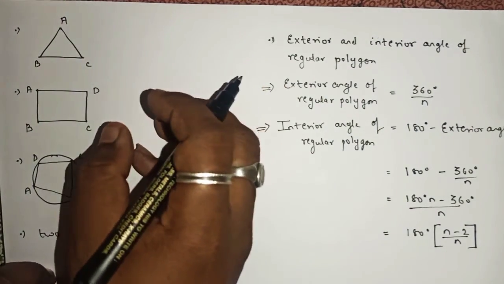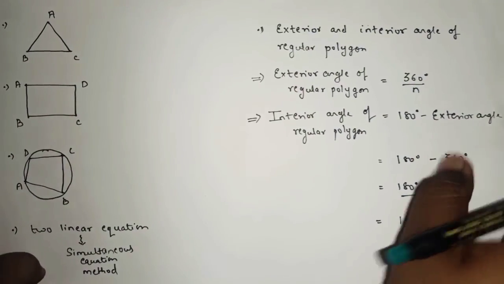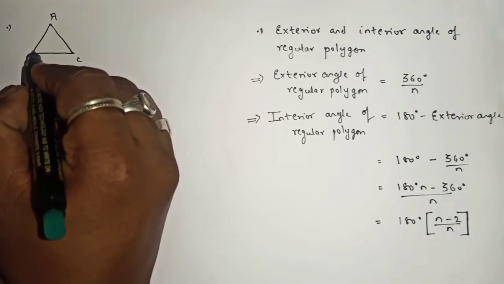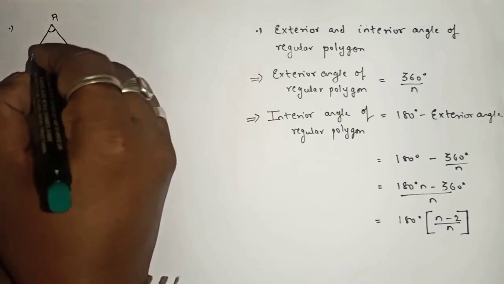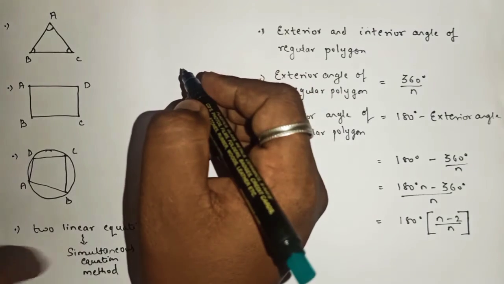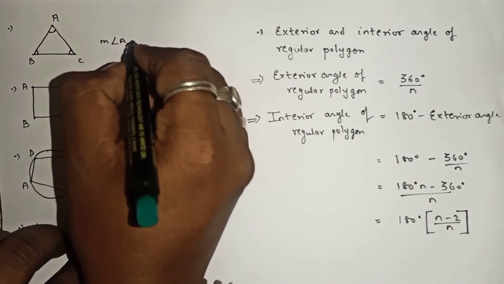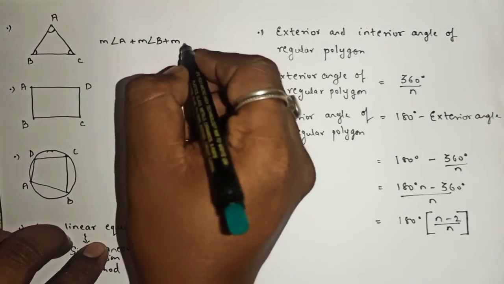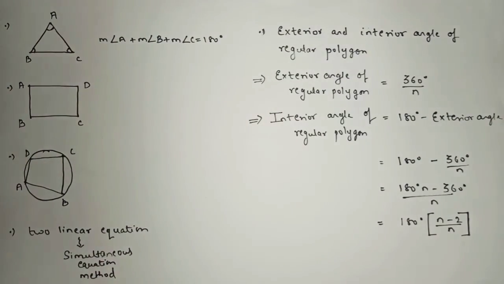So whenever the question deals with the angles of a triangle, you have to apply this property. We know that the sum of the measure of the interior angles of the triangle is what? 180. So we'll apply the property, that is measure of angle A plus measure of angle B plus measure of angle C equals 180.